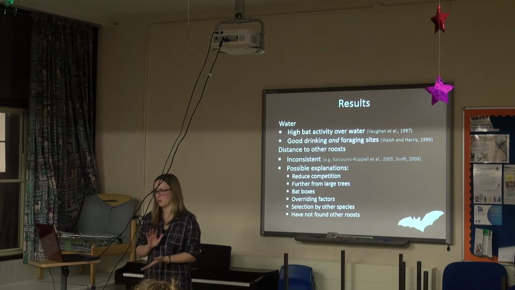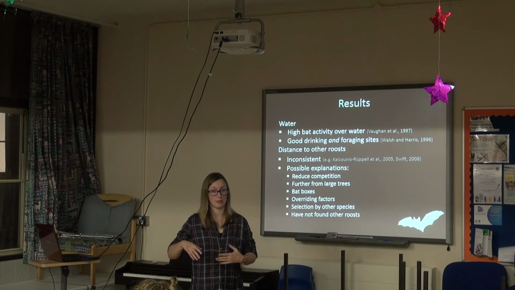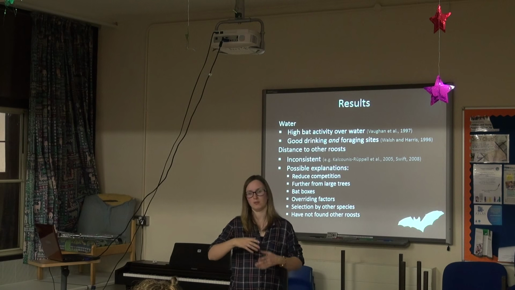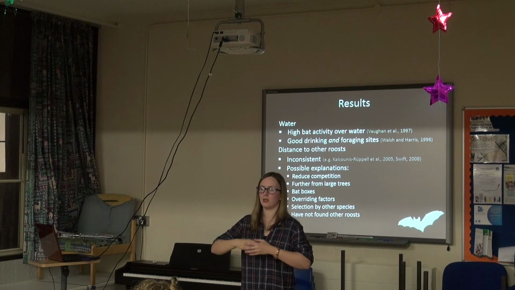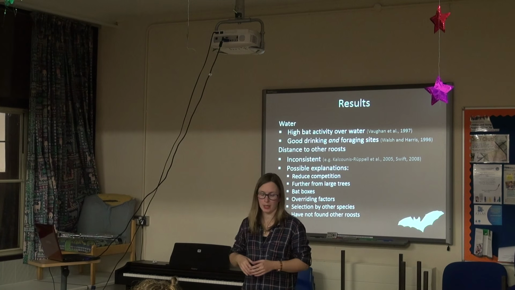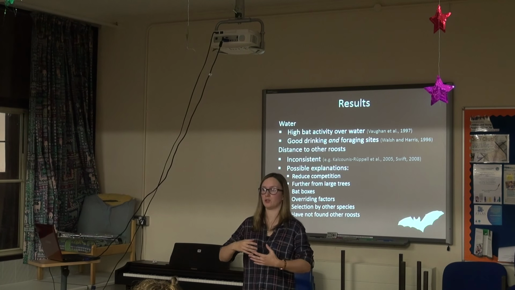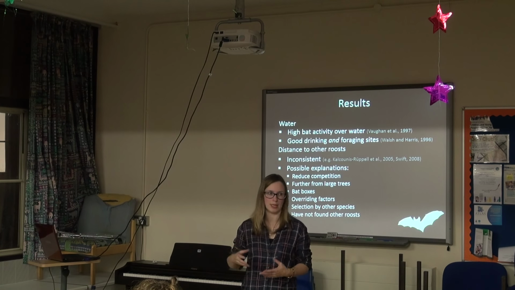So the next explanation I thought of was perhaps it's because those other known tree roosts are in large trees. So like I was saying earlier, the bats tend to prefer, as a general rule, the big, large trees that are quite tall, and those kind of dominate the canopy, they dominate the woodland, which is what I found from my own measurements, that in the large, big trees, you didn't tend to get that much large tree growth around it, as you can imagine.